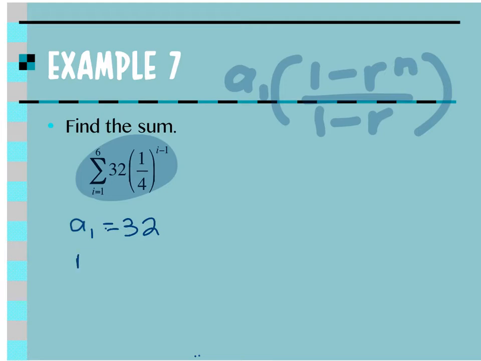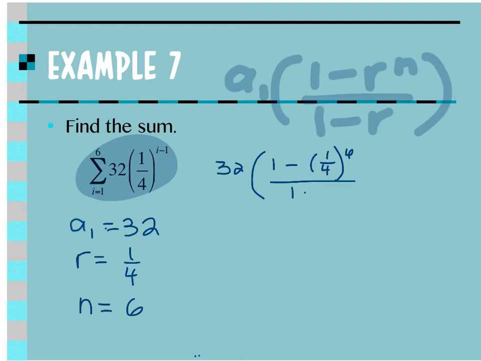What part of that is r? 1/4. And what part of that is n? 6. Remember, if the number on the bottom is 1, the number at the top is your n. All right, then plug it in. So 32 times 1 minus 1/4 to the 6th over 1 minus 1/4.